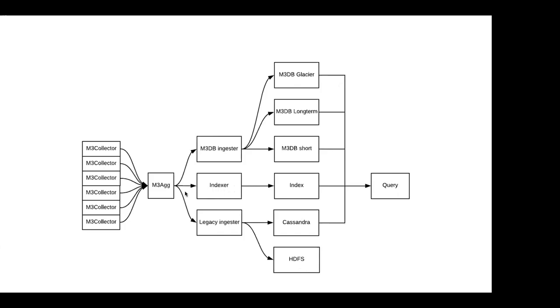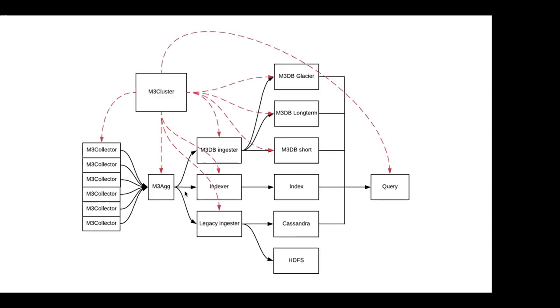So where is etcd in this architecture? Basically, it's being used everywhere. It's exposed through this M3 cluster interface we built, and it's listened to by all the collectors and all the boxes on the ingestion pipeline.